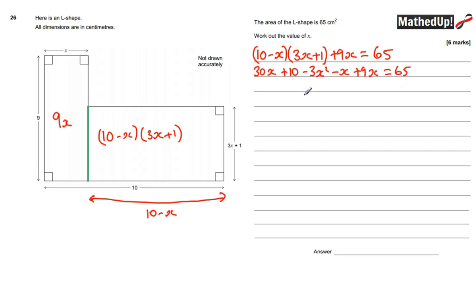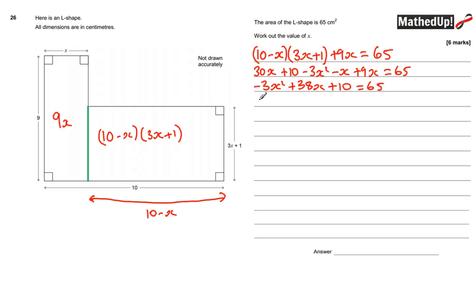I can then simplify this, so I've got a negative 3x squared, 30x take away x plus 9x is plus 38x, and I've got a plus 10 equals 65.